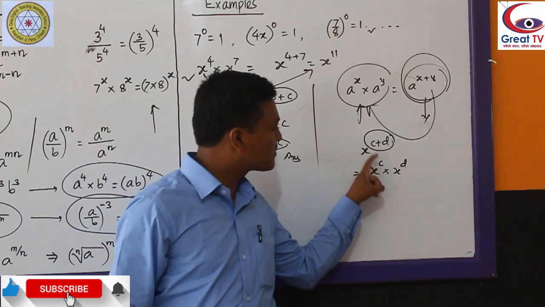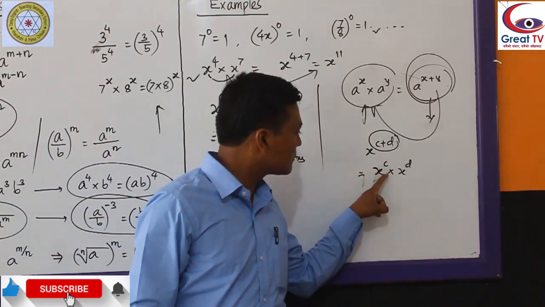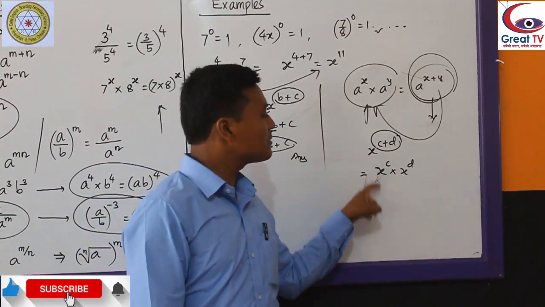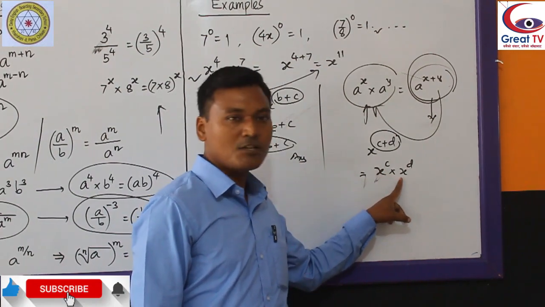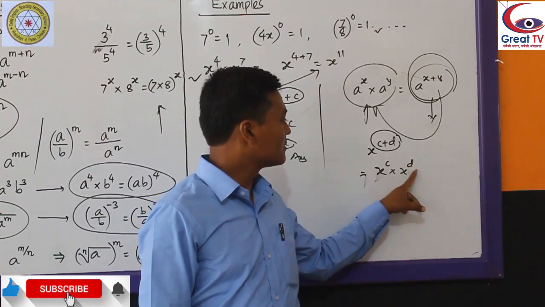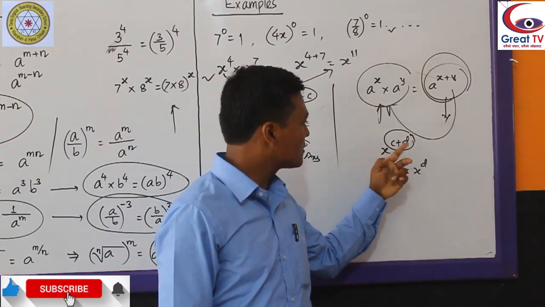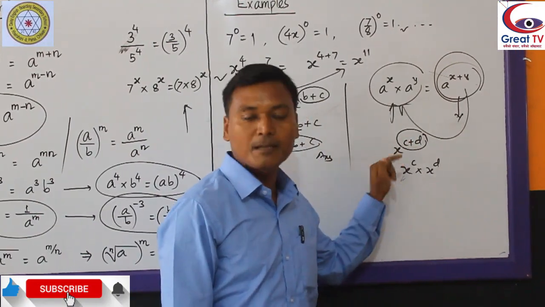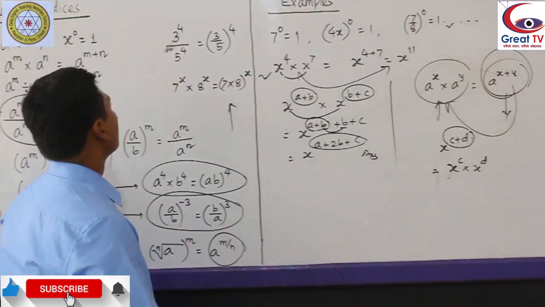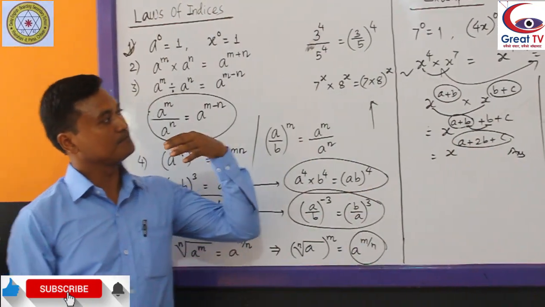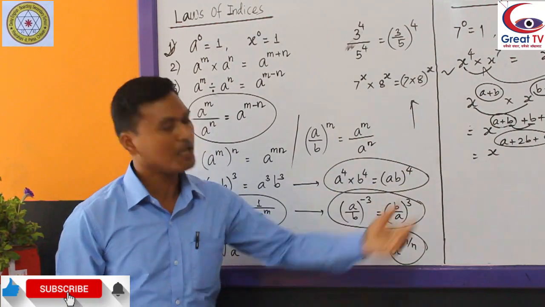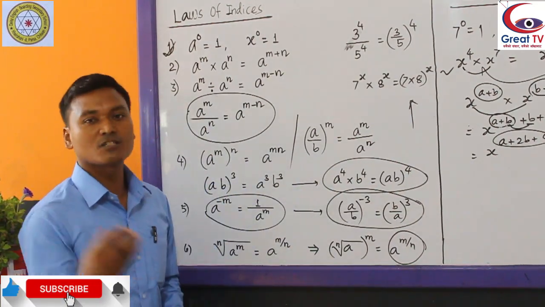I mean, it can be written in this form also, because you can check: here x is the same base, writing a single base x, the powers c and d can be added. So this can be simplified by this, or can be written in this form also. We shall talk again about this while solving some short or long questions.